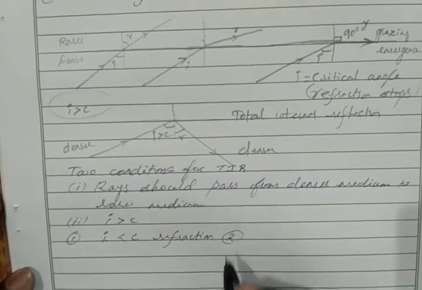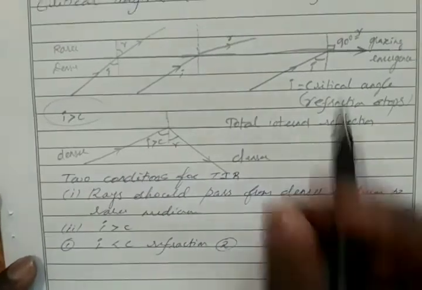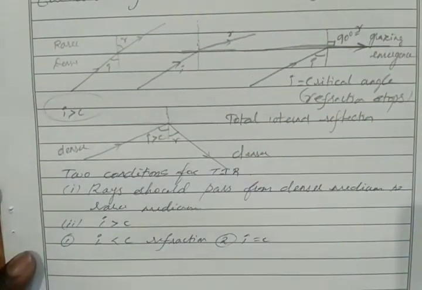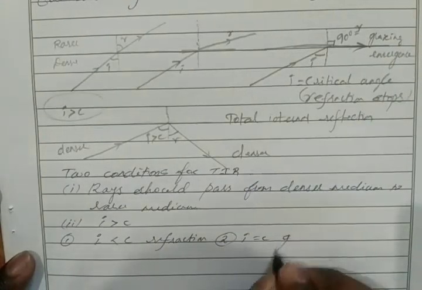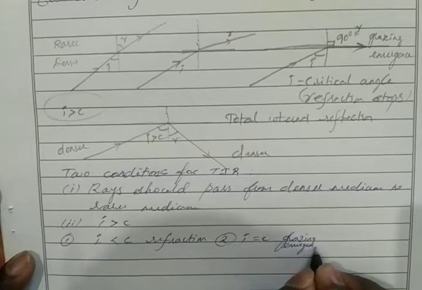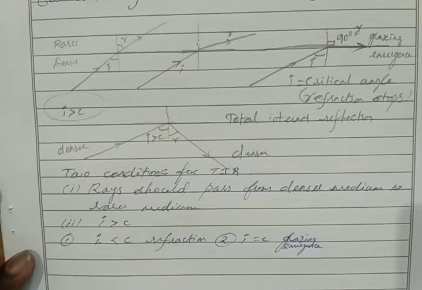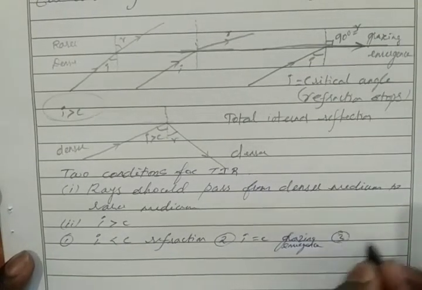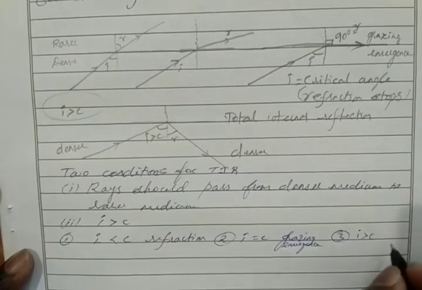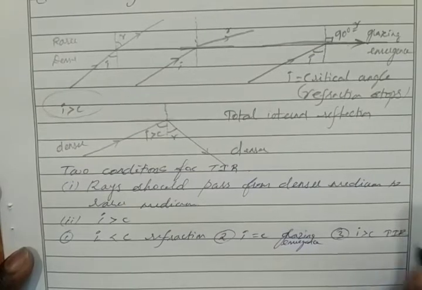In the second condition, if the angle is equal to critical angle, what will happen? Grazing emergence. Correct? Then third condition, if the incidence angle is greater than critical angle, then TIR takes place.